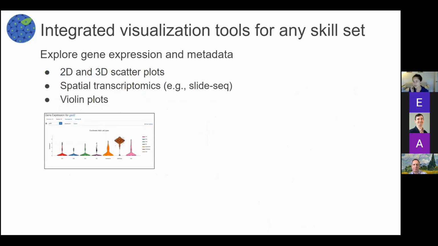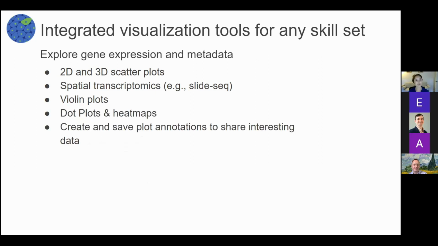I'll go through the remaining visualizations with less detail. We also have some violin plots that allow you to see the distribution of different genes expression in different segments of the data. There are also dot plots and heat maps that help you understand how different genes are related to each other in the data.